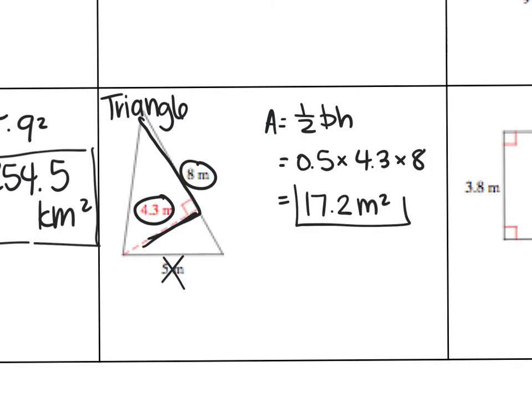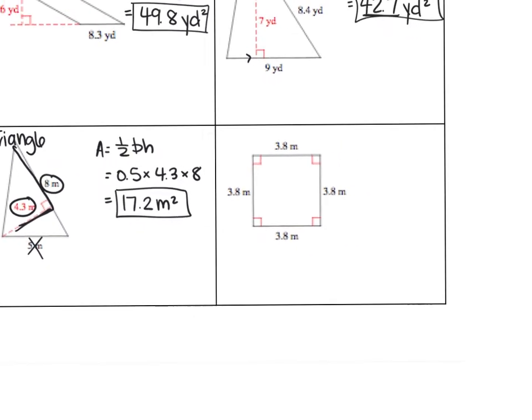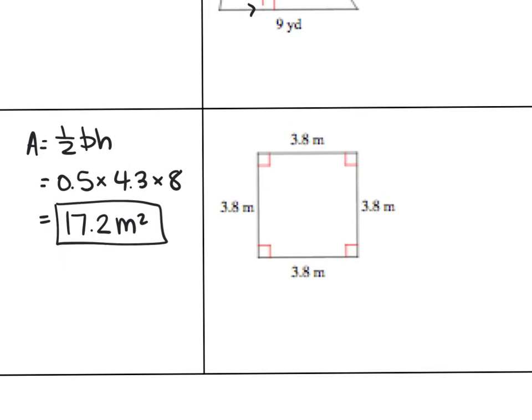Okay. All right, and the last one, is this a square or a rectangle? Square, because they're all equal. So then I can just do what number, or what can I do? What do I do to multiply there? What am I going to multiply? Side squared, so 3.8 squared, because it's just times itself.